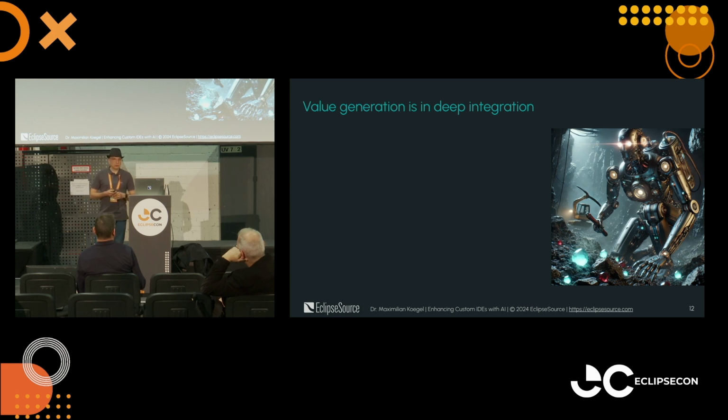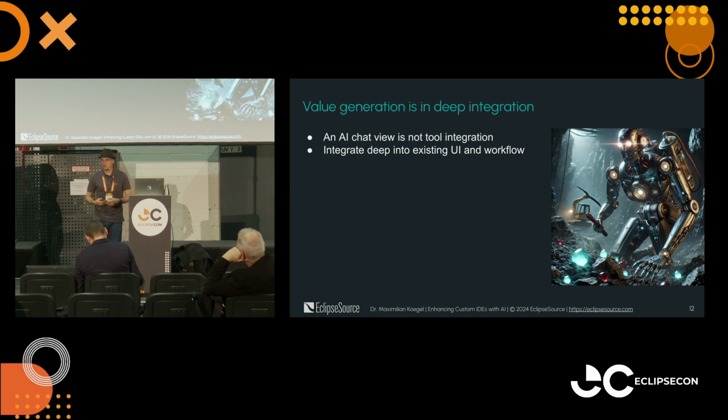The core that you should work on, in my belief, is the deep integration. So the domain-specific part, because that's where the value generation really is. And an integration usually is not just adding an AI chat view and then just making calls to an AI. It's about integrating into the UI and the workflow, like we've seen with the terminal, right? You integrate it into the terminal, and you can proactively offer support.